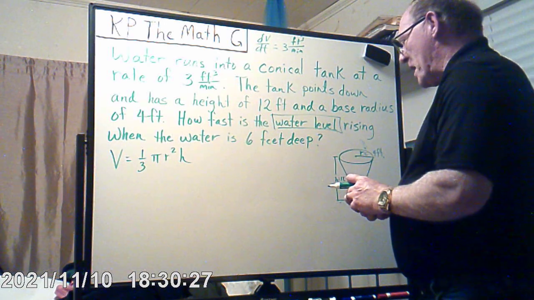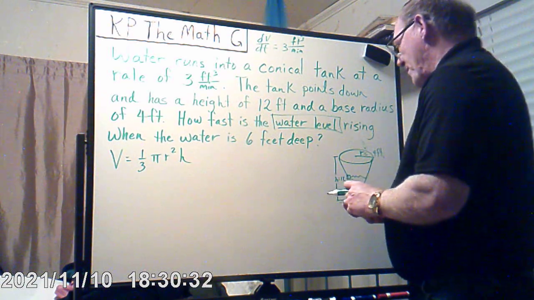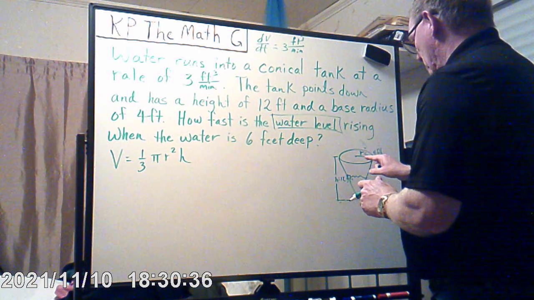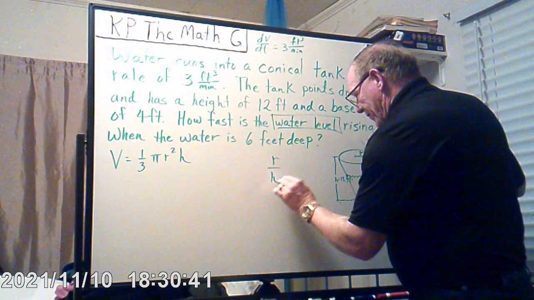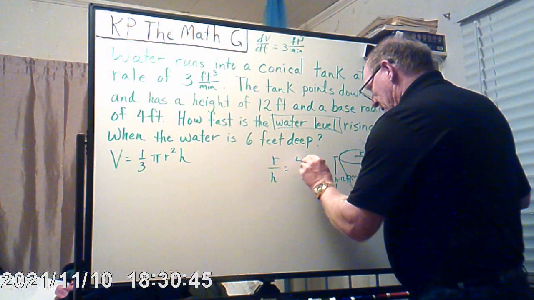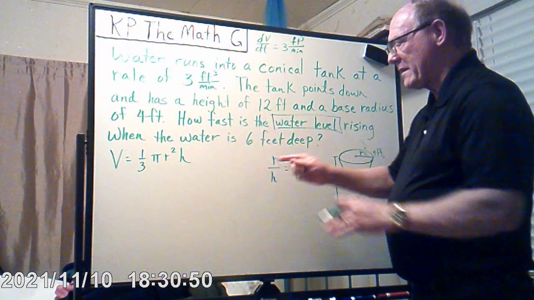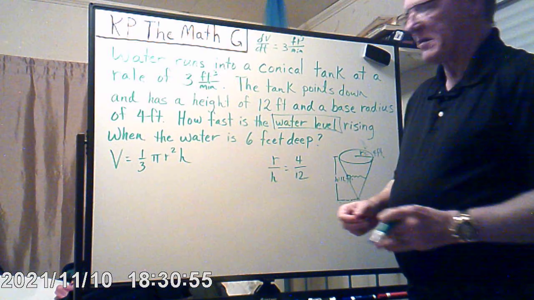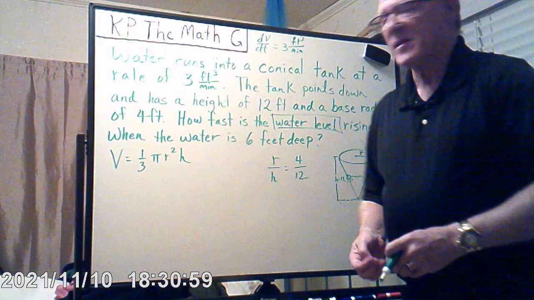Now let's take a look here. We're going to come up with a ratio. The ratio of the radius to the height is 4 to 12. We're not worried about the specific moment; that's after we take this derivative and so on. Then we'll plug that number in there.